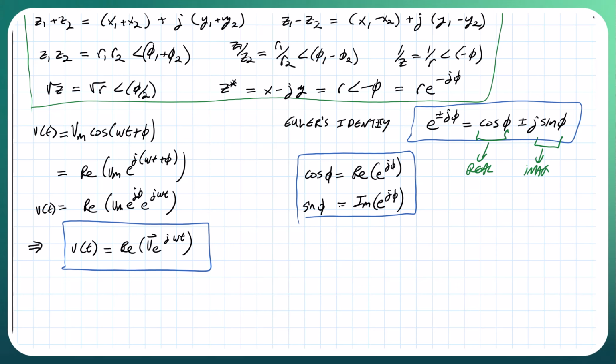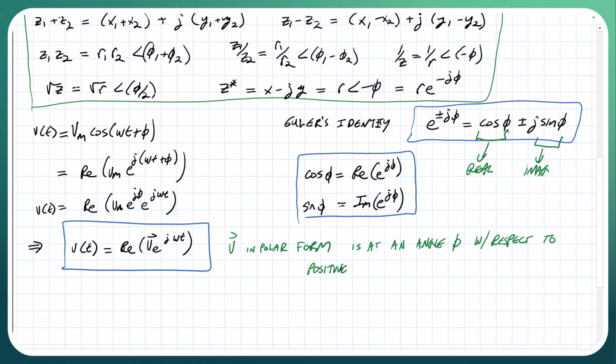The vector v in polar form is at an angle phi with respect to the positive real axis, and the length of the vector is the amplitude of the sinusoid.